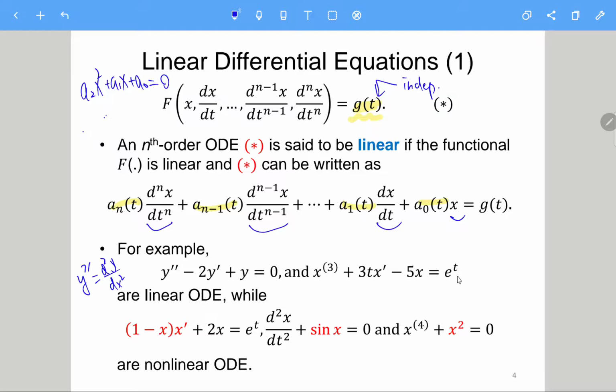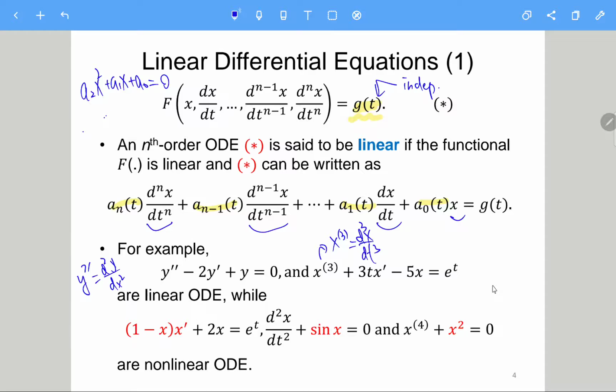But for this one, x with superscript (3) means d3x/dt3. So for the third derivative, we will use this bracket notation. If it is more than 3, you will probably use this bracket.